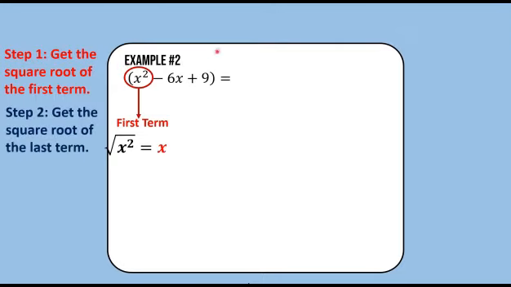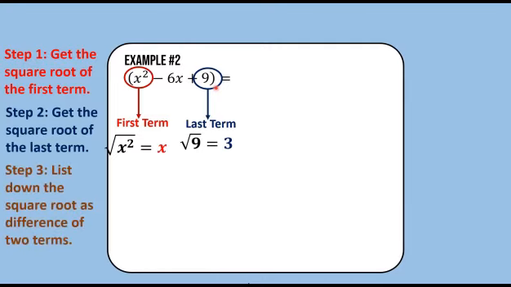Step number 2, get the square root of the last term, which is 9. The square root of 9 is equal to 3. Now since we have both square roots of the first and last terms, let's proceed to step number 3. List down the square roots as a difference of two terms.